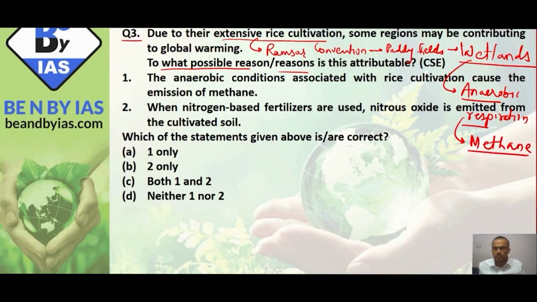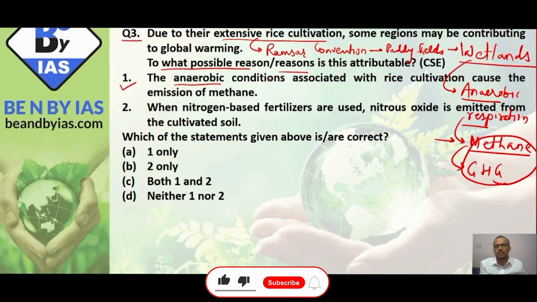So these paddy fields are wetlands, and wetlands are associated with anaerobic respiration, leading to emission of methane gas, which is a greenhouse gas. So let us read this statement first. The anaerobic conditions associated with rice cultivation cause the emission of methane gas. Fine. Based upon the discussion that we had, this is a correct statement.